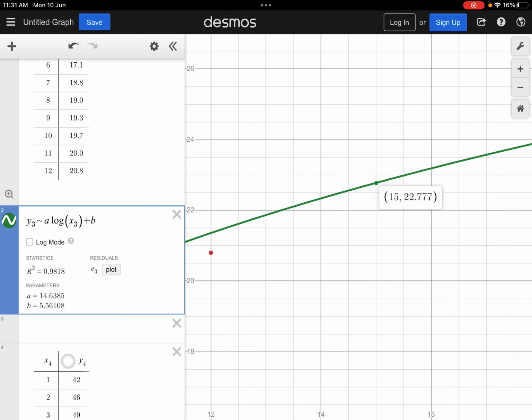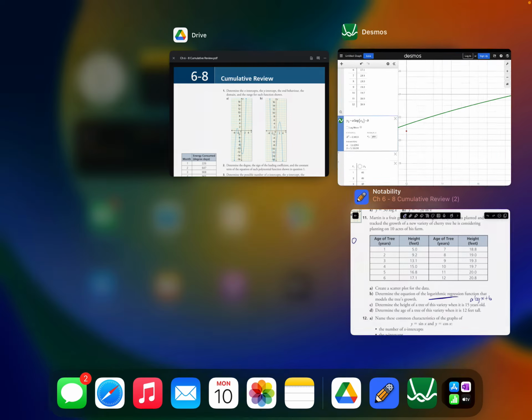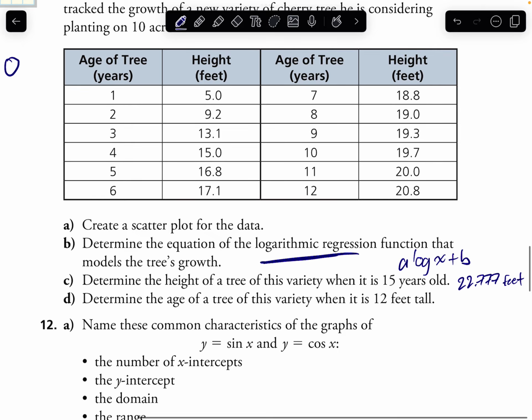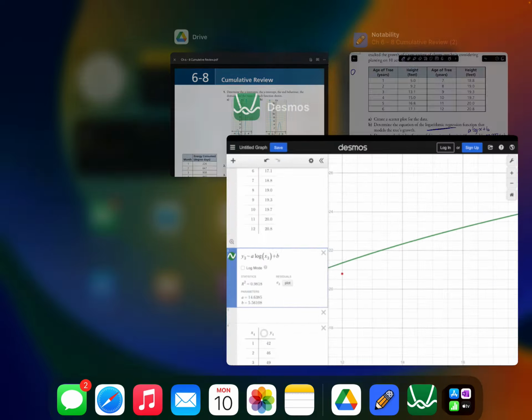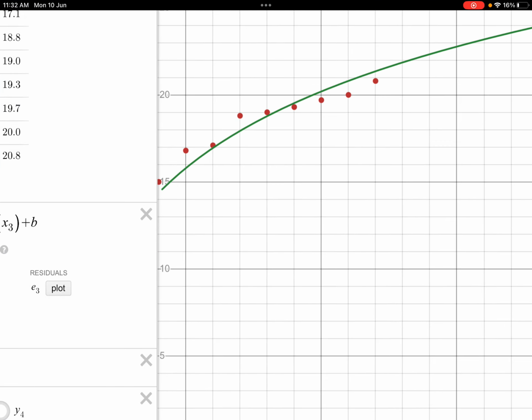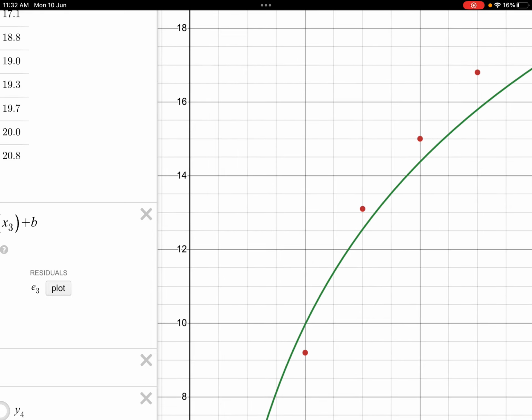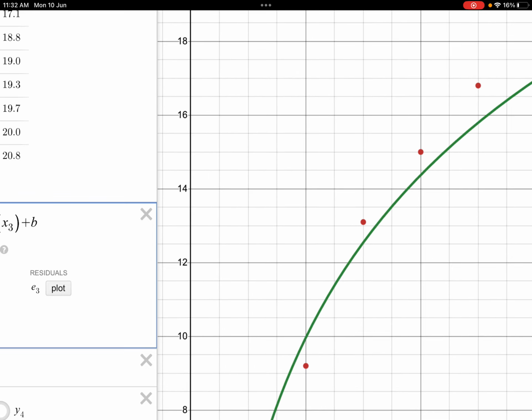When it's 15, it's 22.777 feet. And the age of this tree when it's 12 feet tall, again, not going to bother typing it in. Just go 12 and go on it.